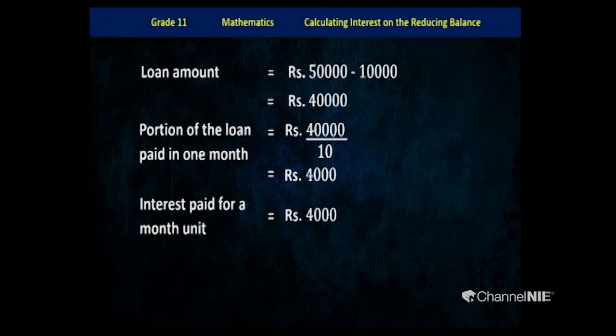They have given the interest rate. Can you remember? It is 15%. 4,000 into 15%. Is this for 1 month? No. 15% is annual interest rate, multiplied by 1 upon 12. When you simplify this, you will get the interest for a month unit. Let's see how to simplify this.